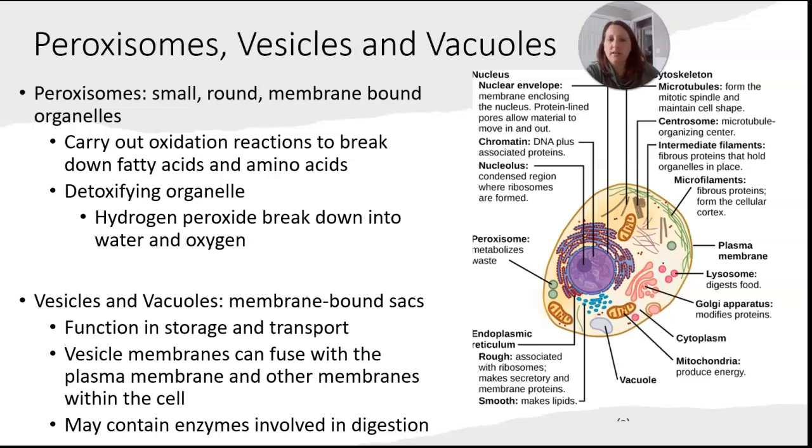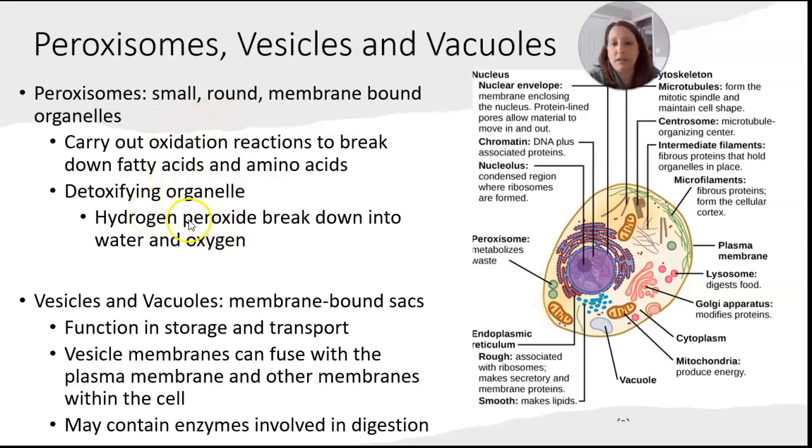Okay, these are going to be sites where oxidation reactions occur to break down things like fatty acids and amino acids. These are known to be detoxifying organelles. And we're actually going to talk about an enzyme found in this organelle. We'll talk about it in the lab. There is an enzyme called catalase that will be in these organelles, and it's going to be responsible for breaking down hydrogen peroxide, which is a byproduct of these oxidation reactions.